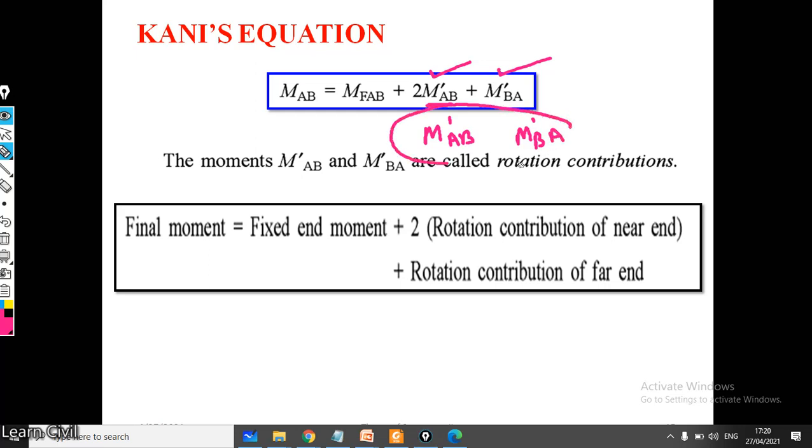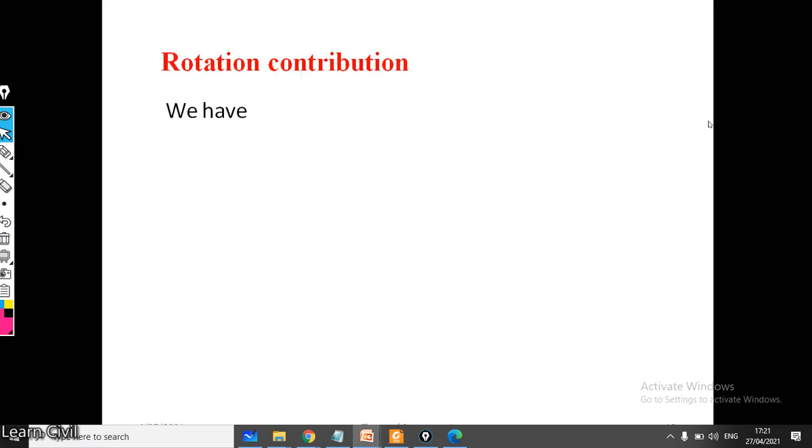These are considered as rotation contribution, and we will see how we can calculate the values of rotation contribution.